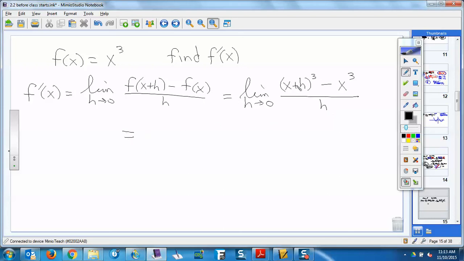What is x plus h cubed expanded out? Pascal's triangle will be really helpful right now. 1, 3, 3, 1. If you need to work it out longhand, that's fine, but we'll just copy down with us right now. x cubed plus 3x squared h.